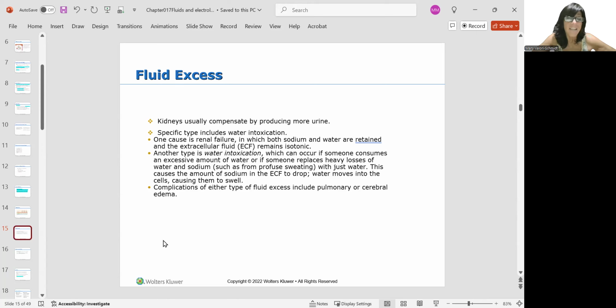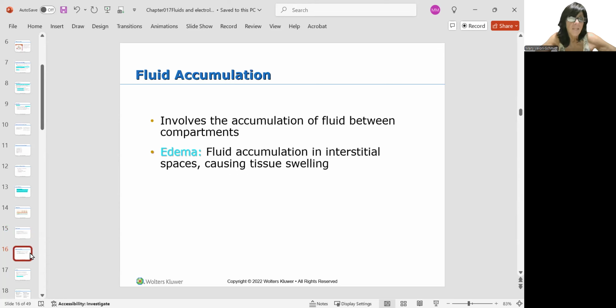Okay. Complications include pulmonary edema or cerebral edema. Pulmonary edema is fluid in the lungs, basically drowning. Cerebral edema is fluid on the brain, increases intracranial pressure because your skull's not going to give if there's too much fluid in there. And again, it can be fatal. Okay. Fluid accumulation like edema.